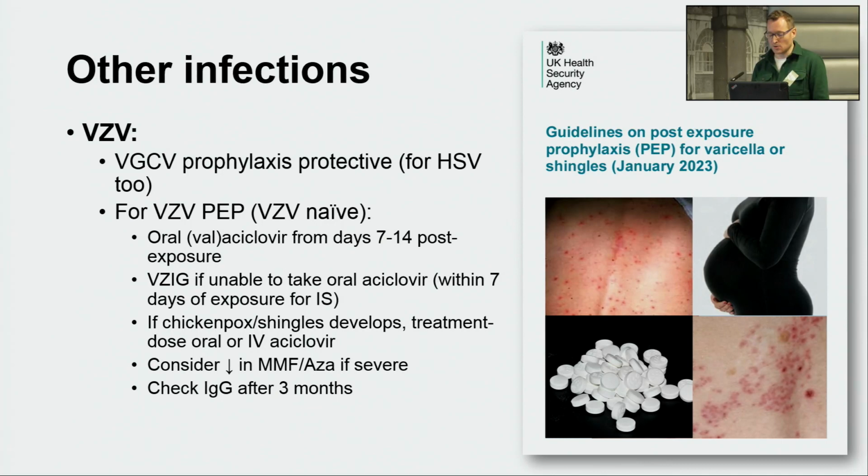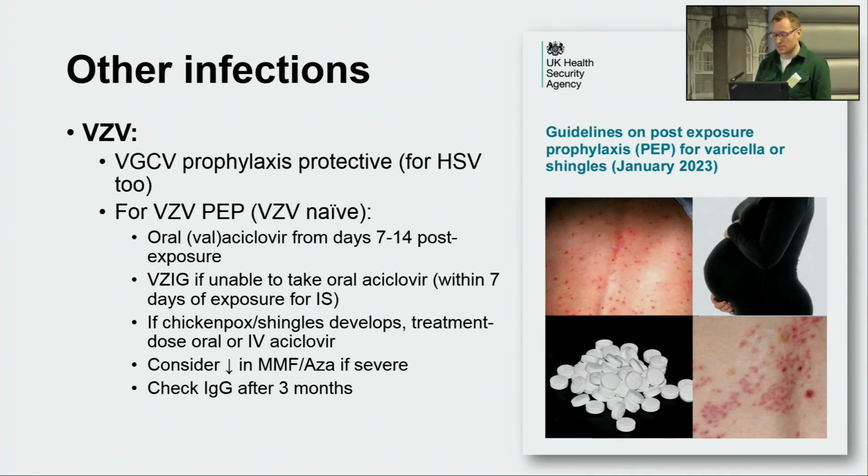Ideally we would have vaccinated them and they would be varicella immune, but if they slip through the net prior to transplantation and they are varicella naive, then if they've had exposure, post-exposure we would advise that they get oral acyclovir or valacyclovir from days 7 to 14 post-exposure. And if they can't take oral acyclovir, they should get varicella zoster immunoglobulin, and that should be given, ideally if they're immunosuppressed, within 7 days after exposure.